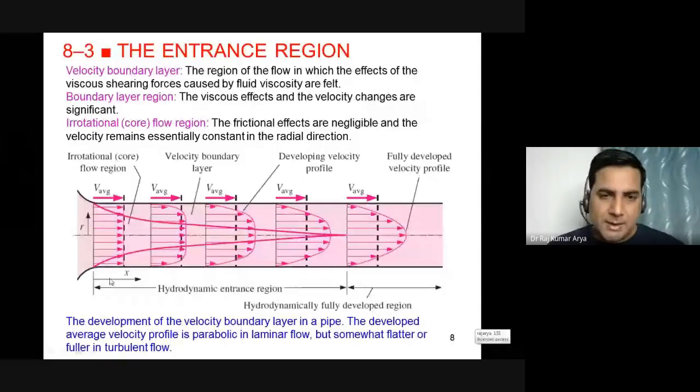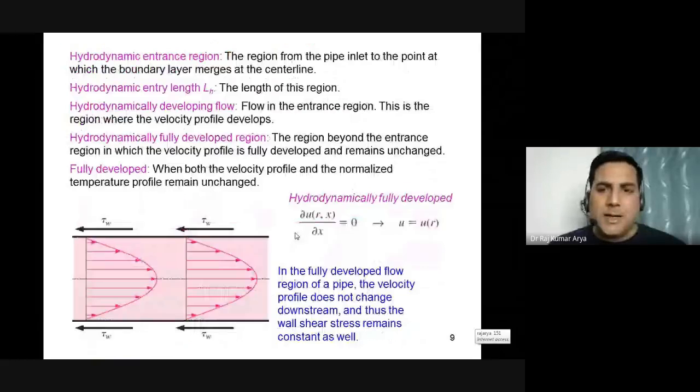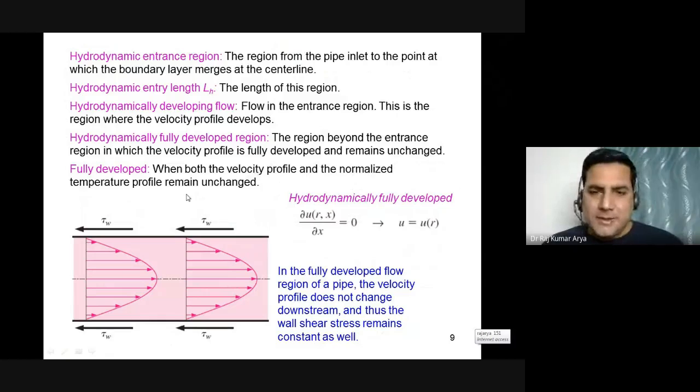Now we can calculate the hydrodynamic entrance length, or as some books say, transient length. So you have the entry length here and the hydrodynamically fully developed flow here. These are some of the definitions which I have explained to you.